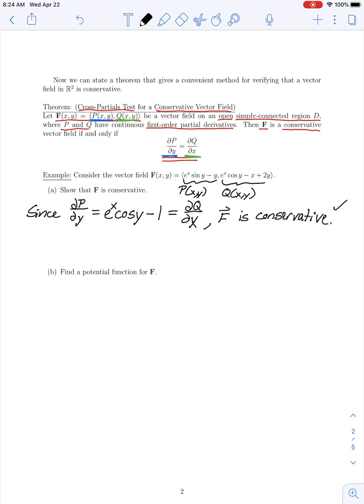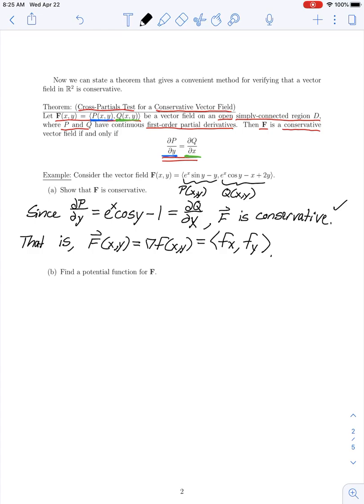Now let's recall what exactly have we shown here. What does it mean to be conservative? So that means that our vector field f of x and y is equal to the gradient field of some scalar function f. And recall that that gradient would have a first component given by the partial derivative of f with respect to x, and the second component would be the partial derivative of f with respect to y.